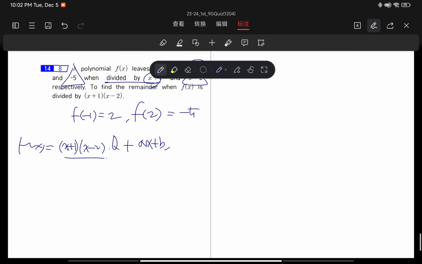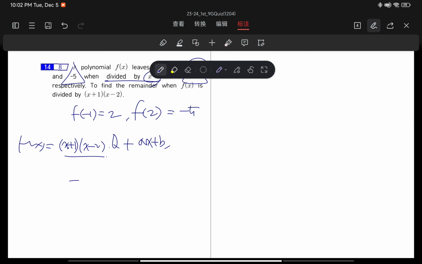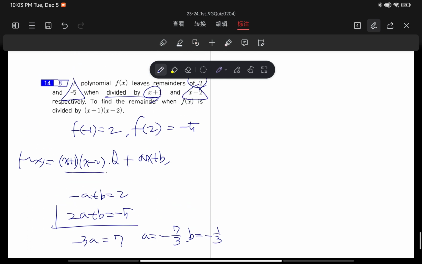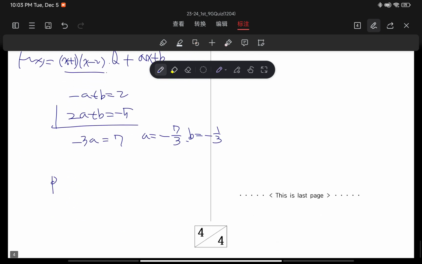So put x equal negative 1, minus a plus b equal to 2, and put x equal to 2, 2a plus b equal to minus 5. So subtract 2 equations, minus 3a equal to 7, a equal to minus 7 over 3, and b equal to minus 1 over 3. So the remainder r(x) equal to negative 7 over 3 x minus 1 over 3.